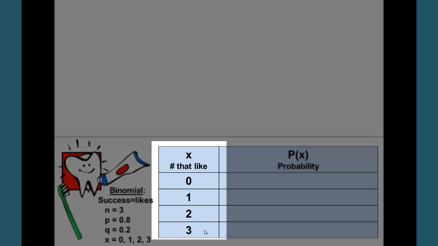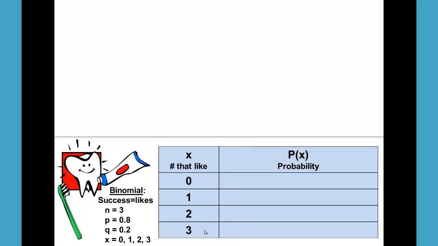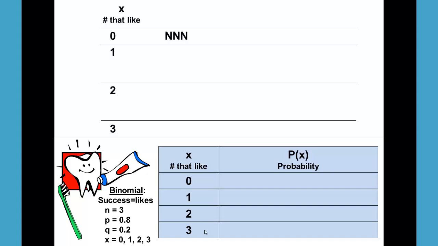And that could be 0 of the children like toothpaste, 1 of the children like toothpaste, 2 like toothpaste, or 3. If none of the children like toothpaste, that would be not like, not like, not like, or n. We'll let n be not liking the toothpaste.